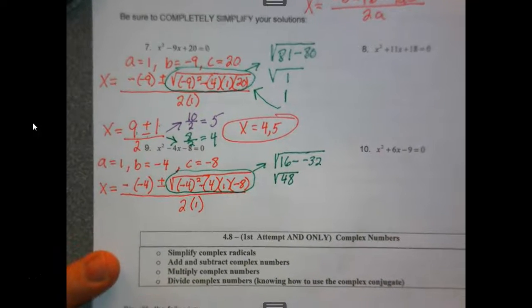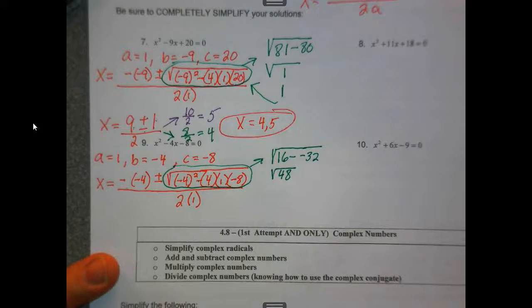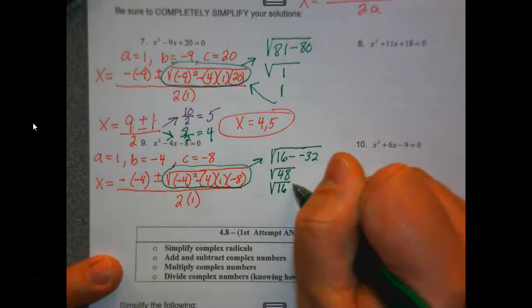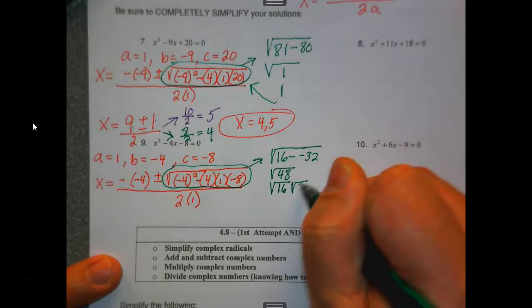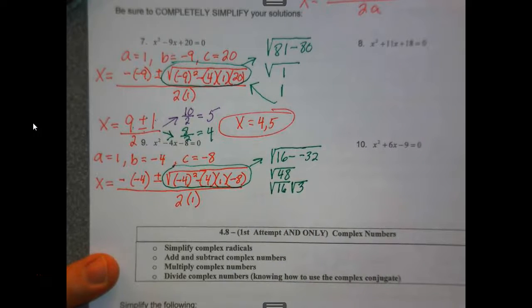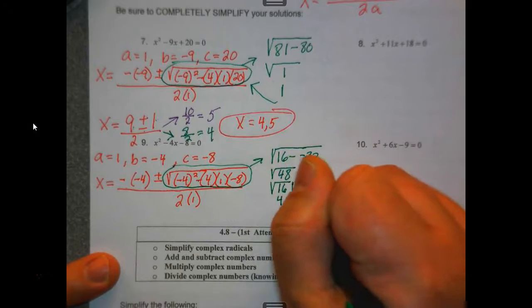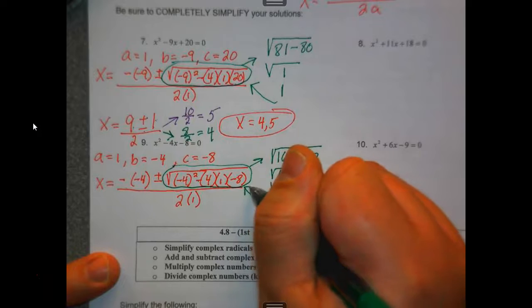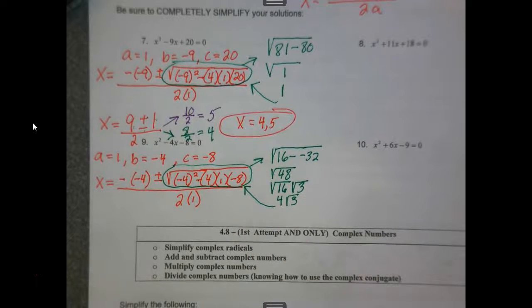What's my largest perfect square that's a factor of 48? That's right, kids, 16. So I have the square root of 16 times the square root of 3. Square root of 16 is 4, so I get 4 square root of 3. And I'm going to replace my radical with 4 square root of 3. Isn't that fun?